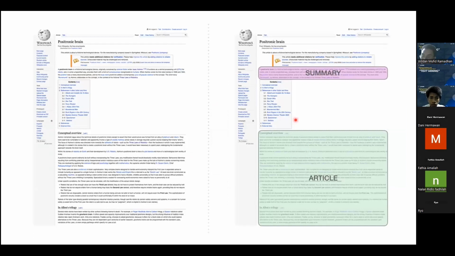Next, here is a standard Wikipedia page structure. As per its format, the pink block serves as the summary section, and the green part is the article itself.